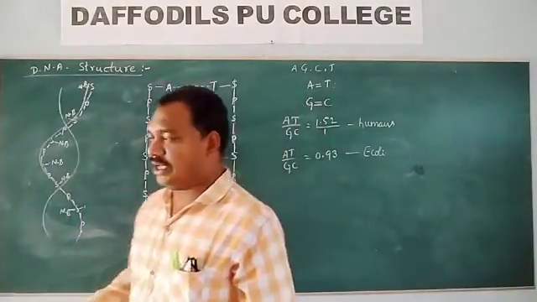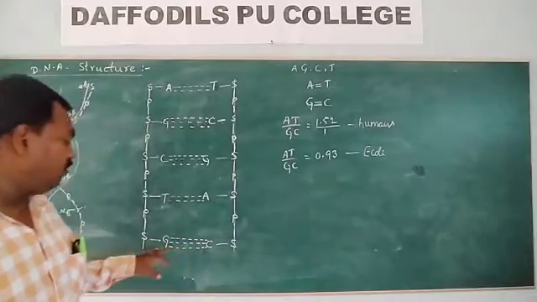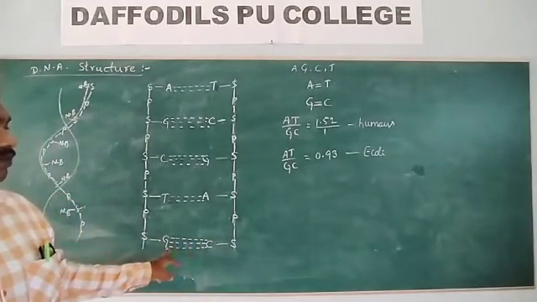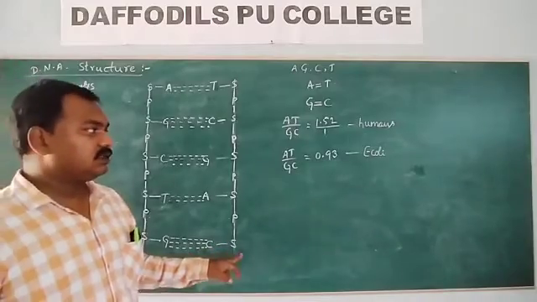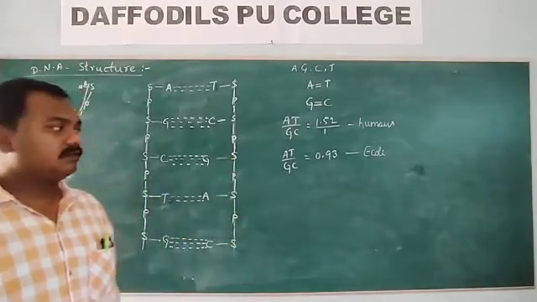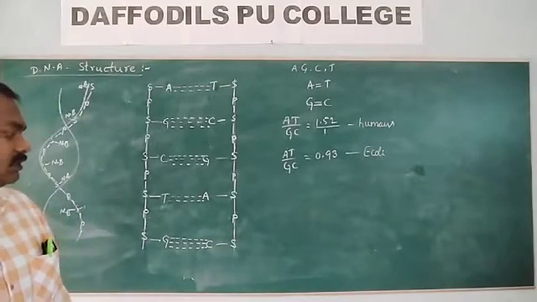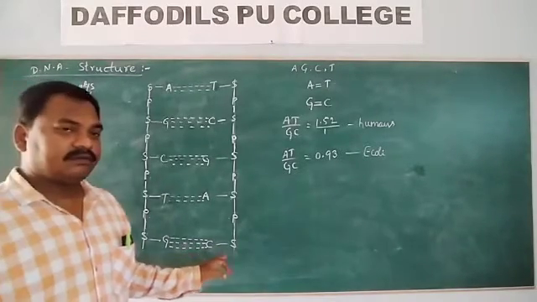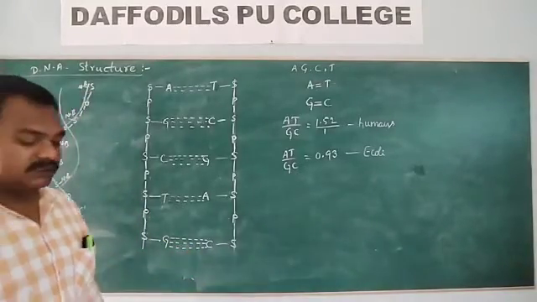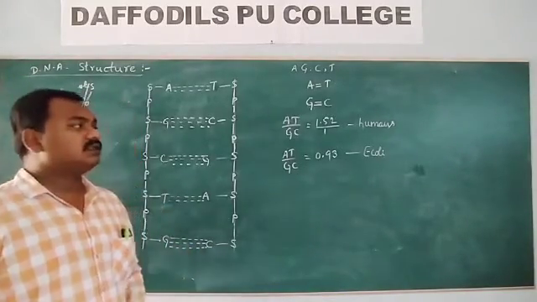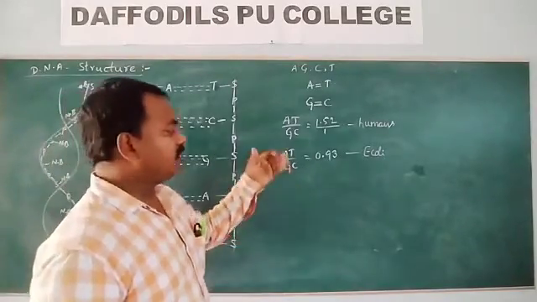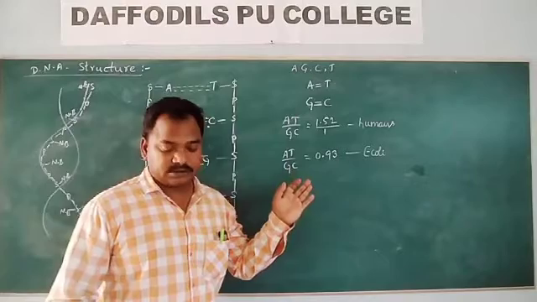If this DNA contains more GC pairs, its melting point is somewhat high. So if more GC pairs are present, those DNAs have a higher melting point when compared with the others.